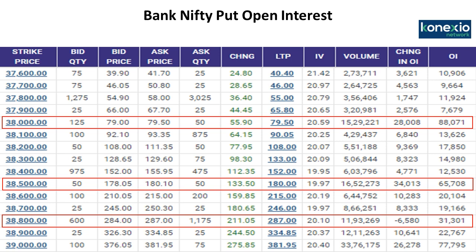But as I said, looking at the overall chart pattern, the primary trend is still intact. Nifty and Bank Nifty have the potential to test their lifetime high in maybe a couple of weeks, maybe 4 to 6 weeks.